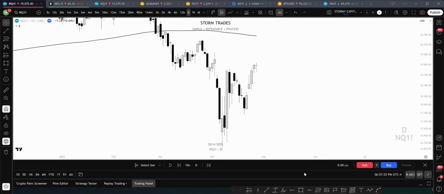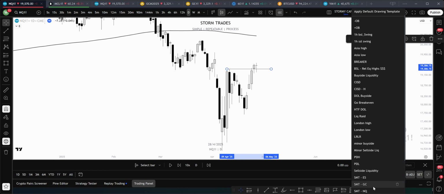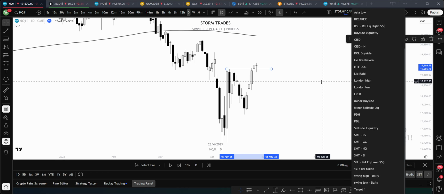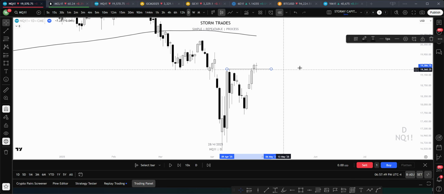Here we are on the daily chart. I'm looking for obvious swing points, obvious internal liquidity. Right off the bat, I see that we have most recently swept this swing high here. So I'm just going to mark that out.